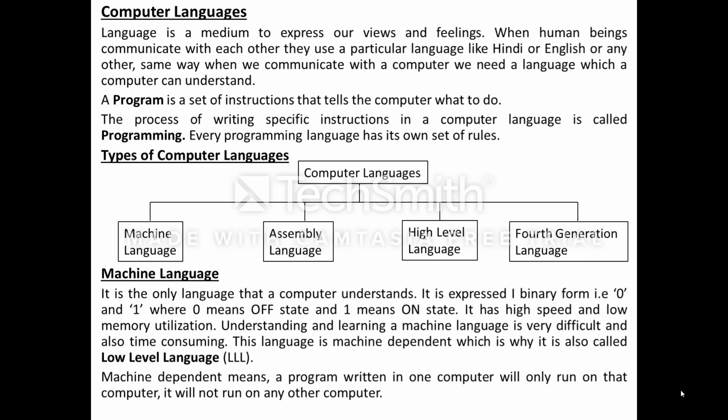And when the processing is done, when the CPU returns the output, the language translator again transforms or converts that output from machine language into human readable language, and then it is displayed on the monitor. Okay.